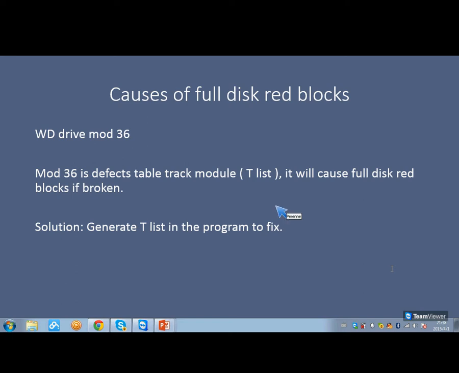So most of the new drives usually they will have 36, which is T-list. So if this module is broken, you can, in the program, generate T-list to fix.